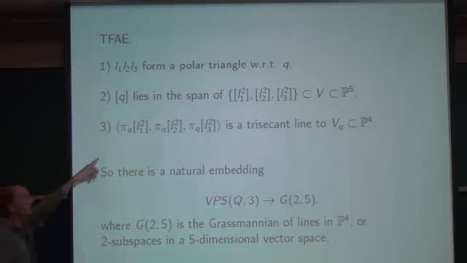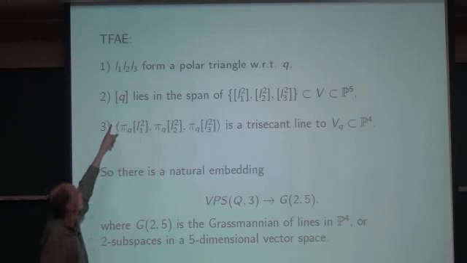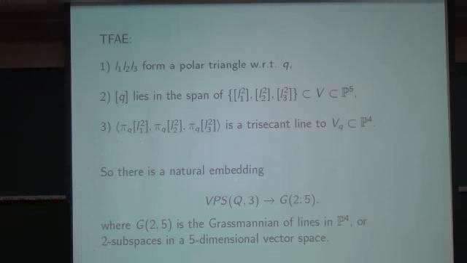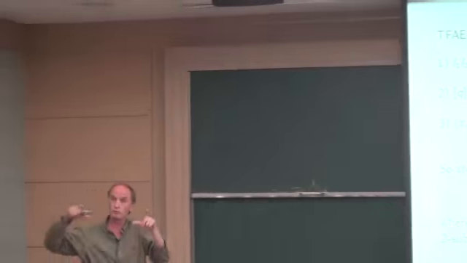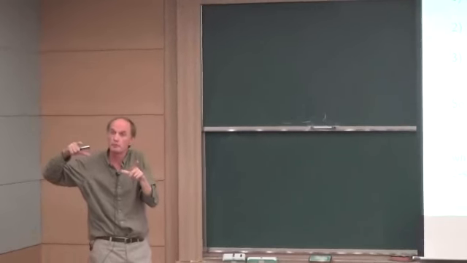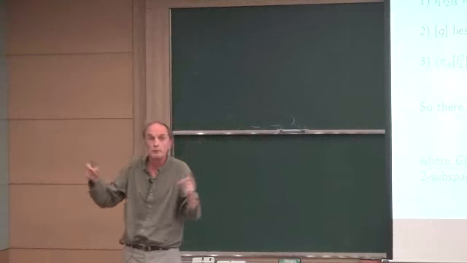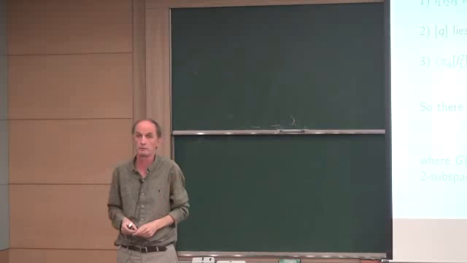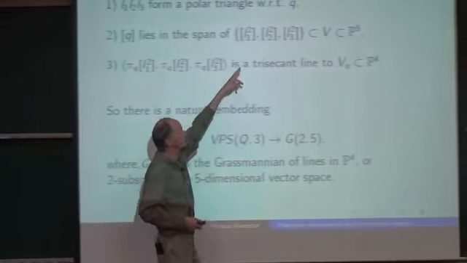And now when I project these points from the point Q, well, if Q is in the span of the 3 points and I project from Q, the 3 points will become collinear. They lie on the same line in P4. So they used to span a plane in P5. After projection, they become collinear. They are on the same line, because your projection center is in the plane spanned by the 3.